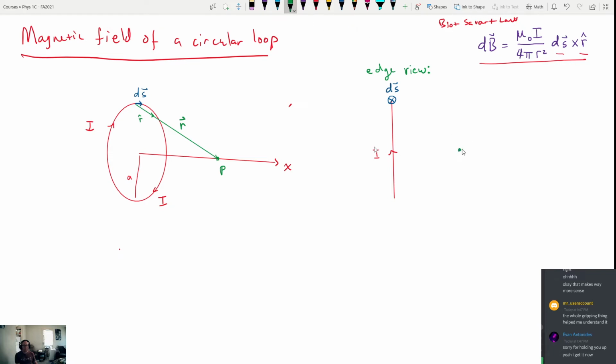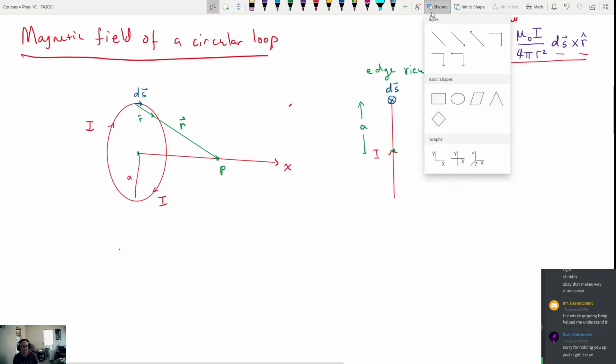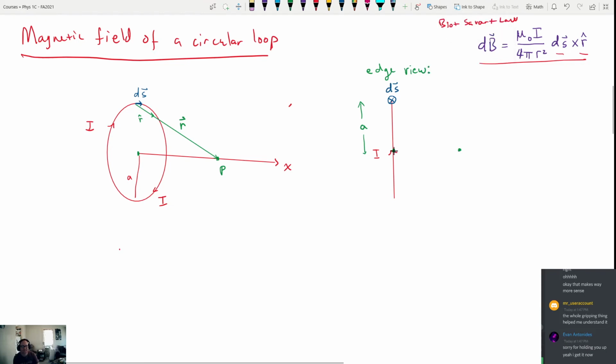So here's P. And of course, a is the dimension of this. We'll say this is our center point right here. Let's draw the center as a dot on here too. Let's draw our axis this way. That's our x direction.